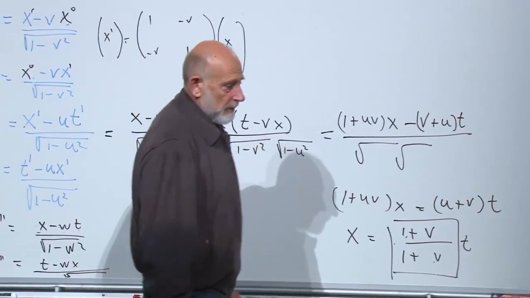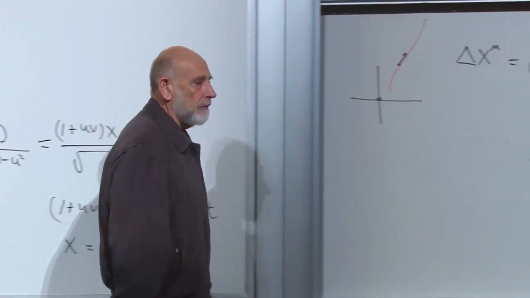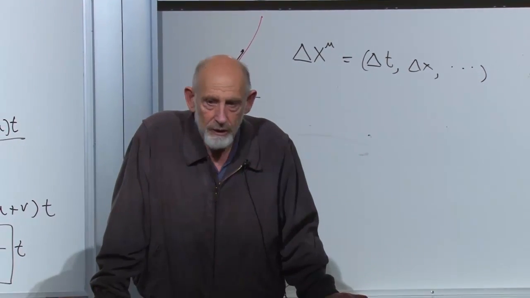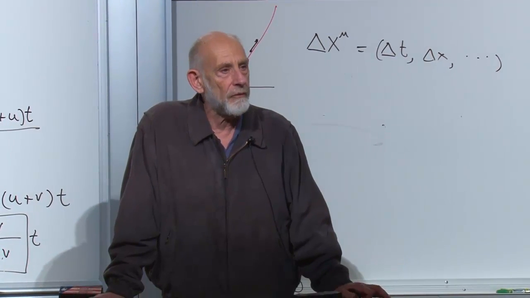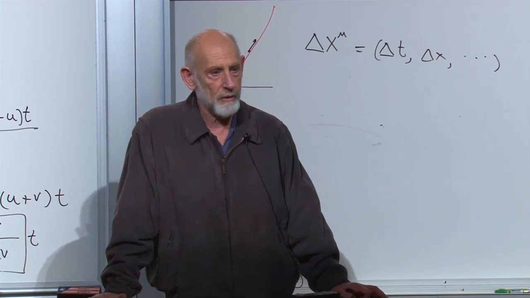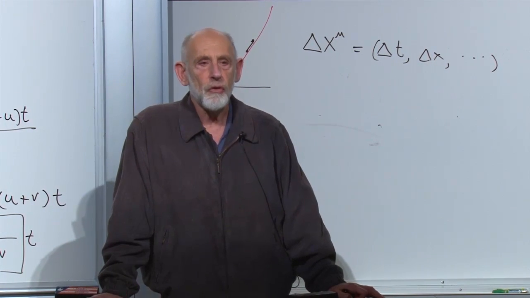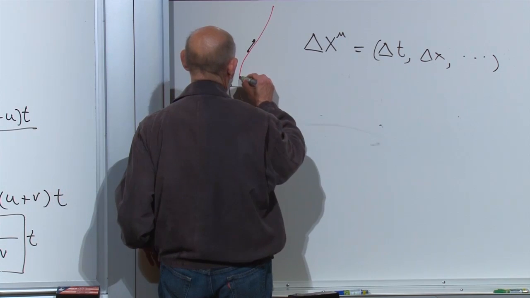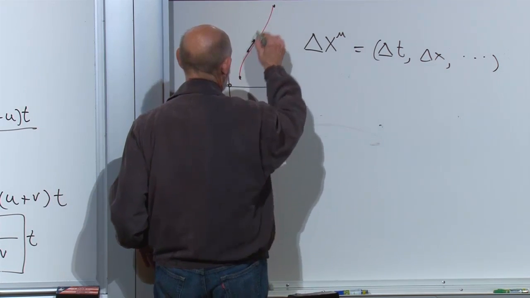What I want to do now is introduce a notion of four-dimensional velocity, which is a little different than the normal notion of velocity. This could be the trajectory of a particle from here to here.